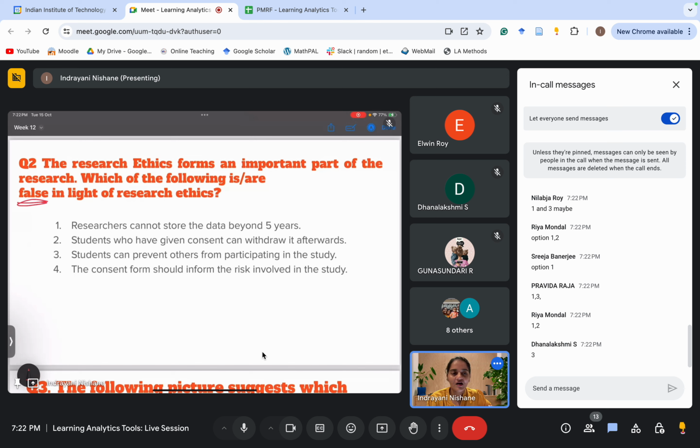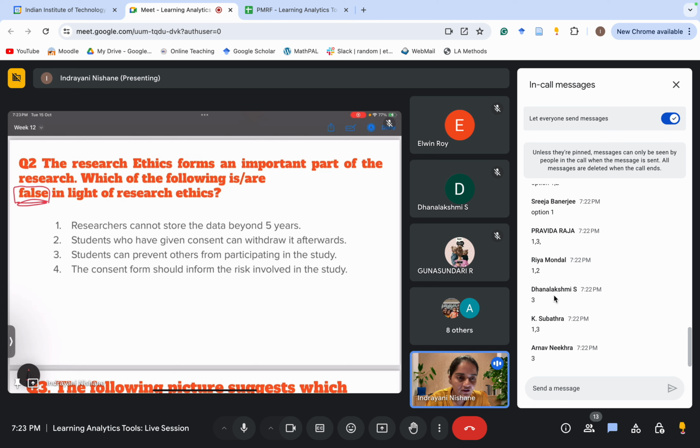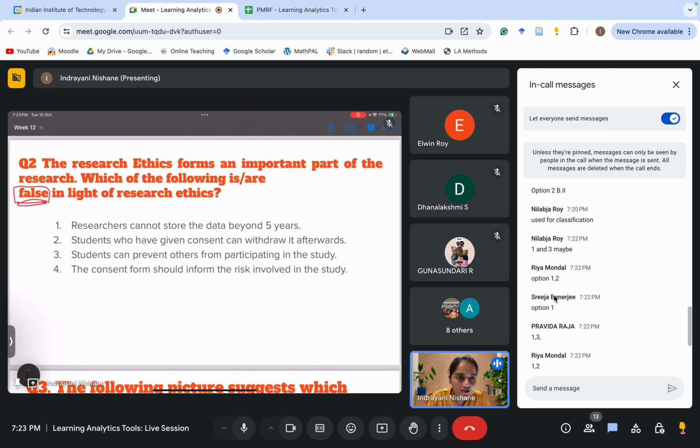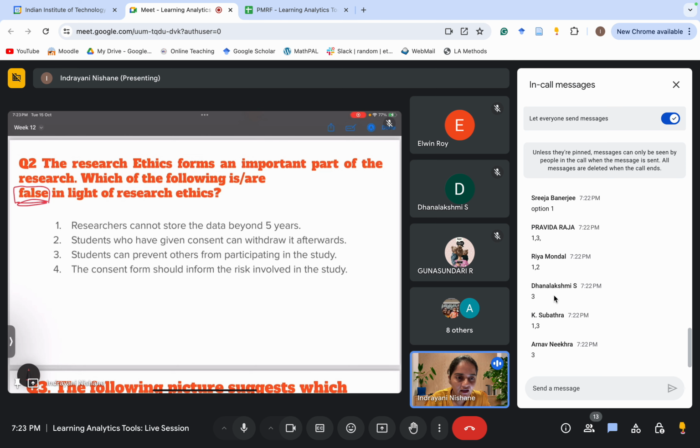Okay. So those who are saying option 1, what is your rationale behind it? I can see majority of you going with option 3. Some of you are saying option 1 and 3. Some of you are saying 1 and 2.